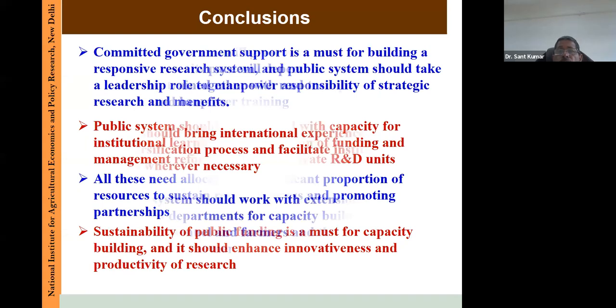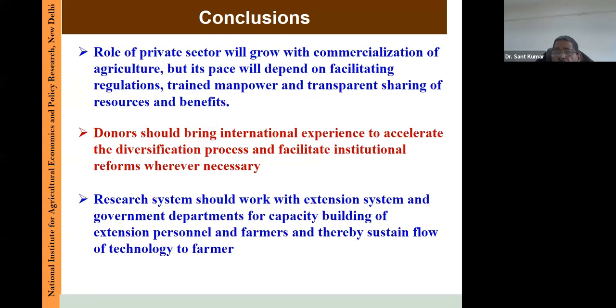So the role of the private sector will be growing in the years to come in agriculture, but it will depend on the facilitating regulation, the trained manpower, and the transparent sharing of resources, and donors should bring the international experience to accelerate the diversification process and facilitate the institutional reforms.